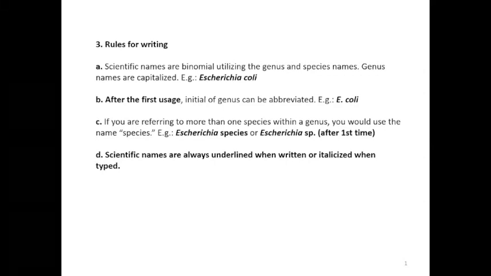And then, if I'm going to abbreviate it, notice how if I'm going to refer to the Escherichia species the second time, I don't shorten the genus, but I shorten the word species. Okay? So just know how to refer to organisms by their proper scientific name. It's important. Right? We're going to see a lot of that here in this class.